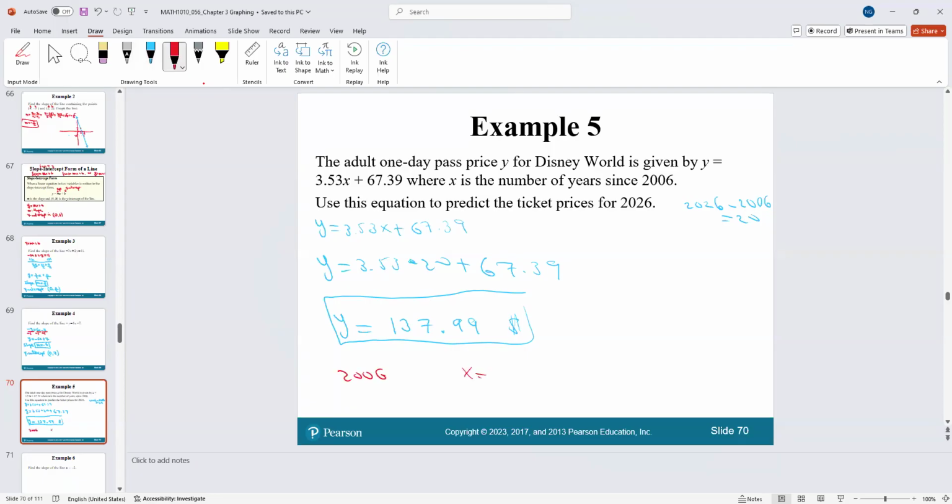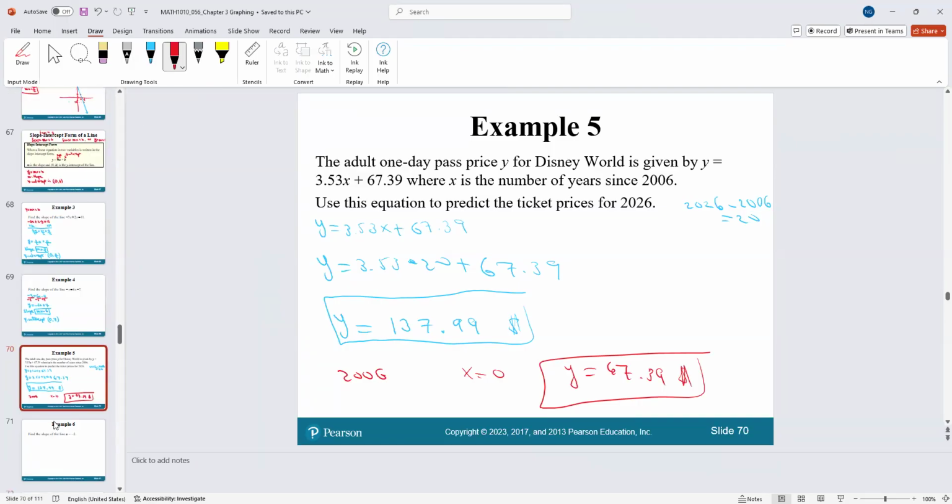That means at that time X was zero, so Y would be 3.53 times zero, which is zero, and the ticket was only $67.39. And now in 2026, the ticket is more than double. No, a little bit less than double, right?